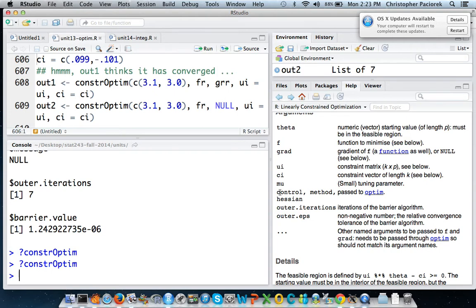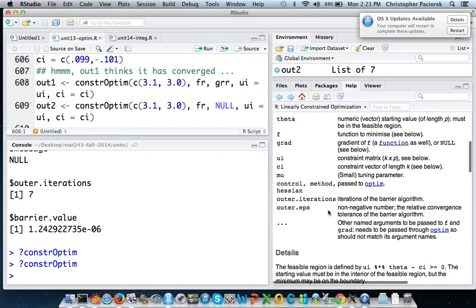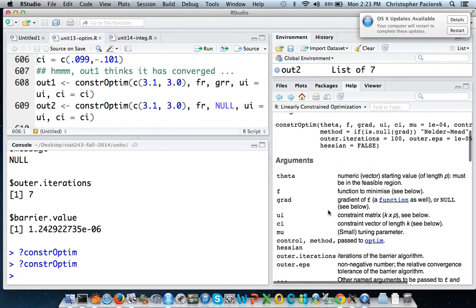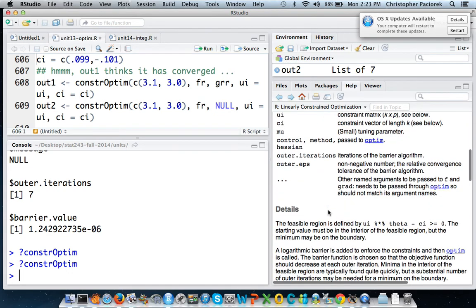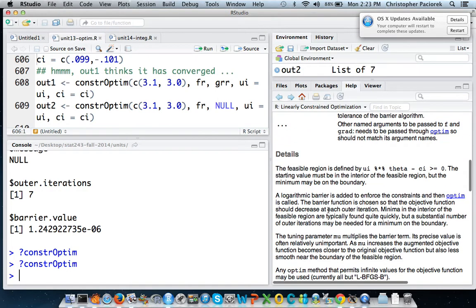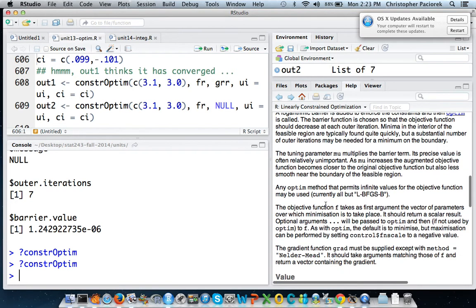Of course, this has a nested loop because it's also got that barrier function where it's doing that approximation. And when it says outer iterations, it says 100. I presume that's the maximum number of outer iterations rather than the actual number, because here it says it only did 7 iterations. So I think that must be the maximum number of iterations.